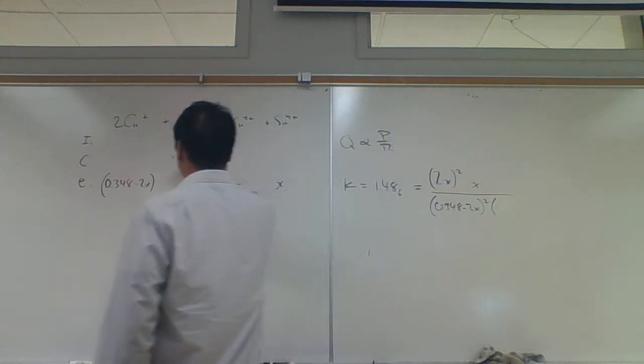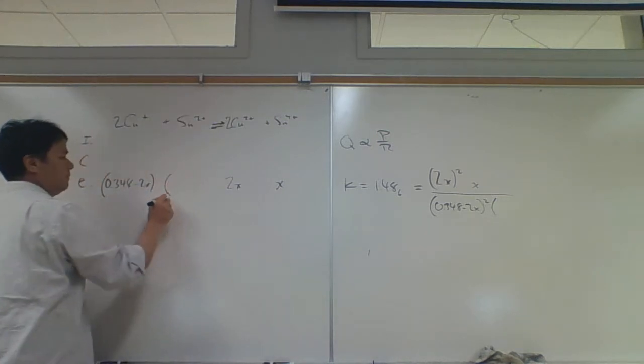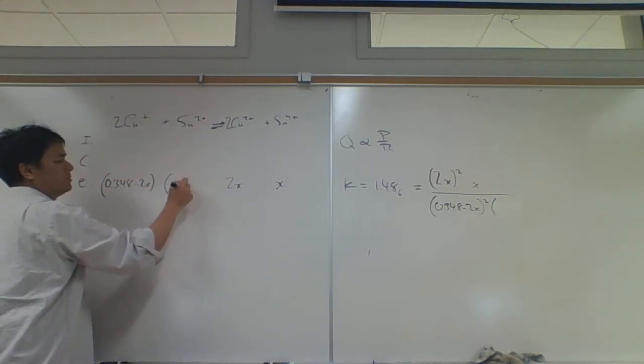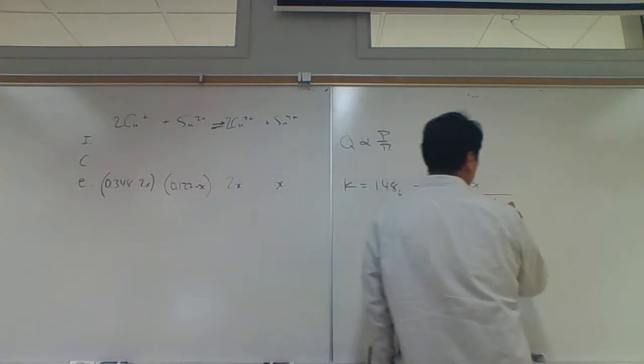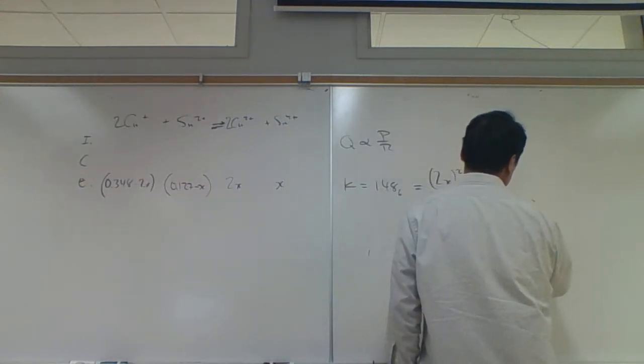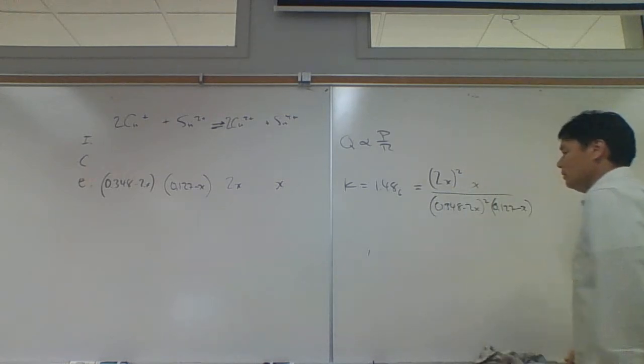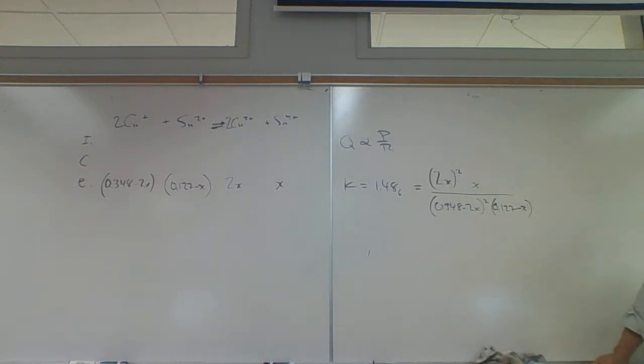And then the initial on the tin was 0.127, so 0.127 minus x. For the units, we're not going to include them, and there's a reason for that I'll talk about later.